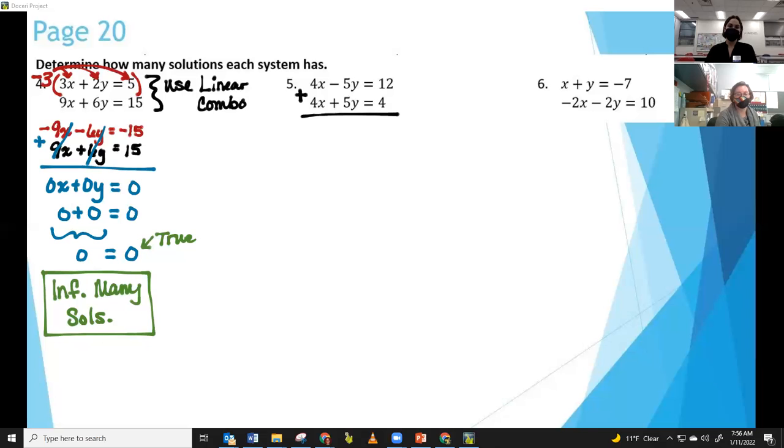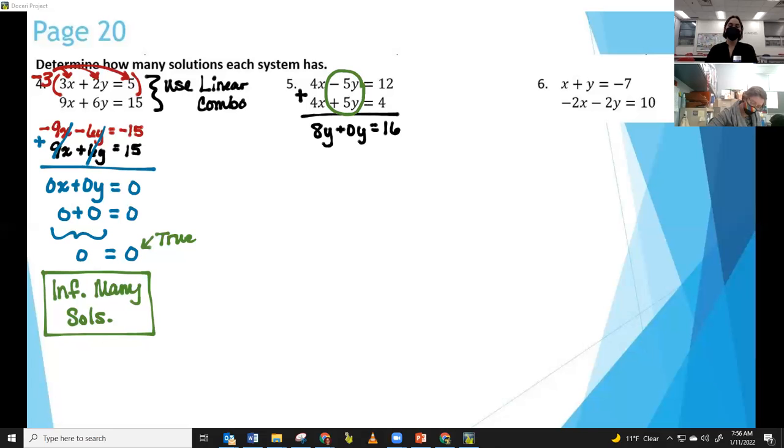On this one, if I add these two together right now, what's 4x plus 4x? 8x. What's negative 5y plus 5y? Zero. And then 12 plus 4 gives me 16.